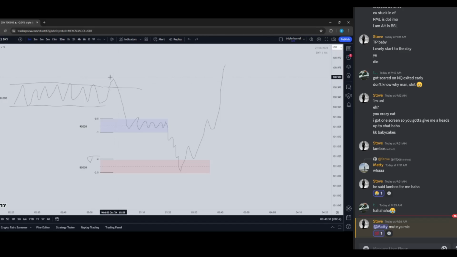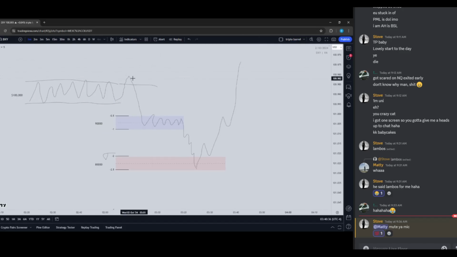I don't know exactly where these levels of manipulation come from or what's happening in these instances. I think it might just be basically you have a bunch of orders trying to push price in one direction, but then obviously you have these other institutions that have orders set below highs or below lows, and then they just get involved.